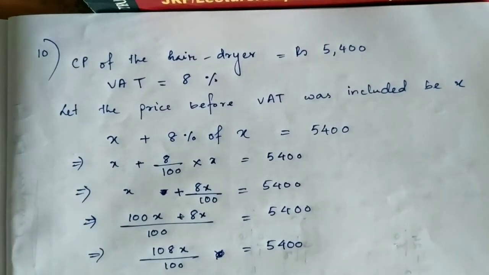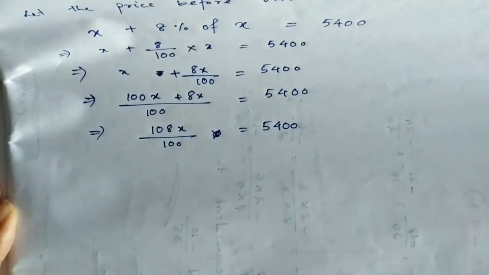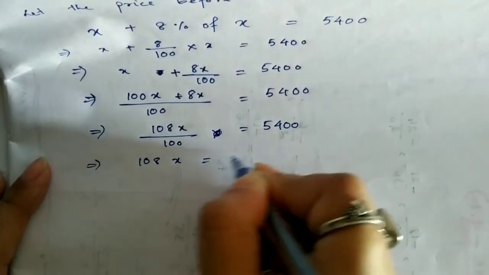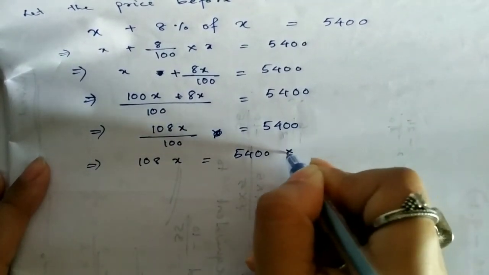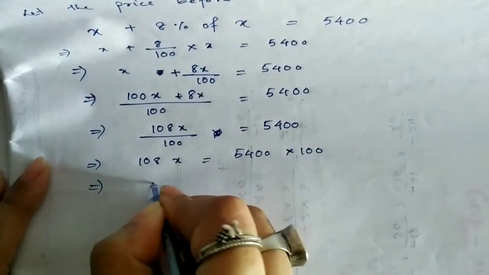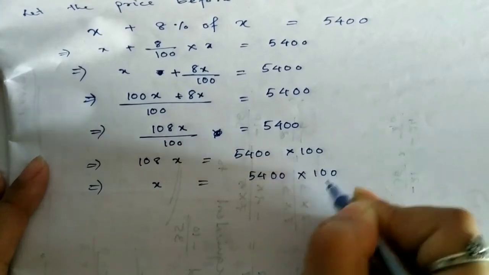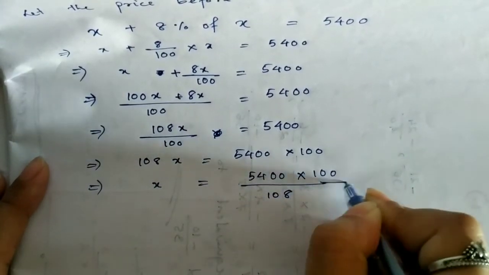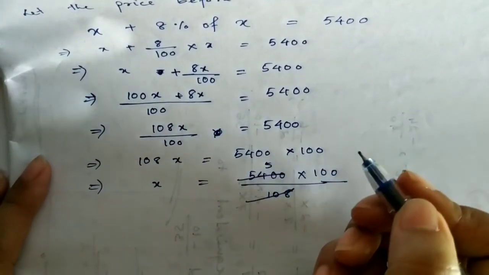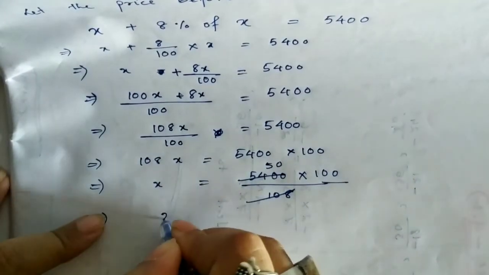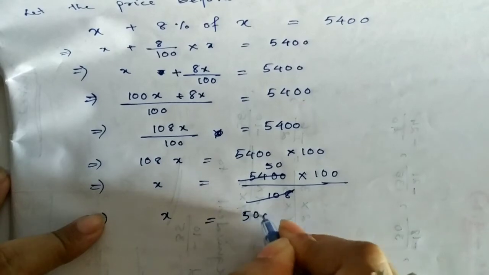Now let's transfer the terms. So 108X equal to 100 goes that side, gets multiplied, 54 into 100, this gets divided by 108. 5 times 108 is 540, if I cancel, and a 0 remains. So what will be X? X will be 50 into 100, that is 5,000.